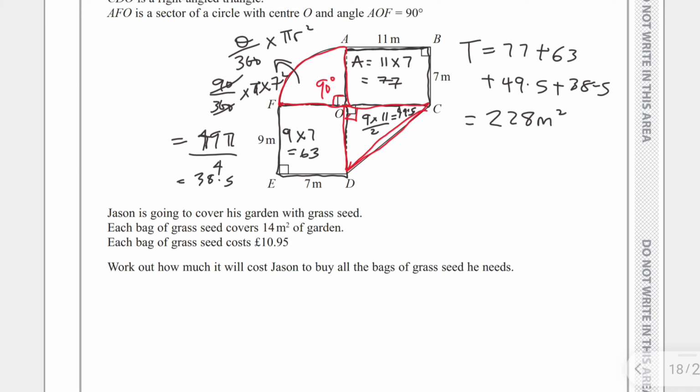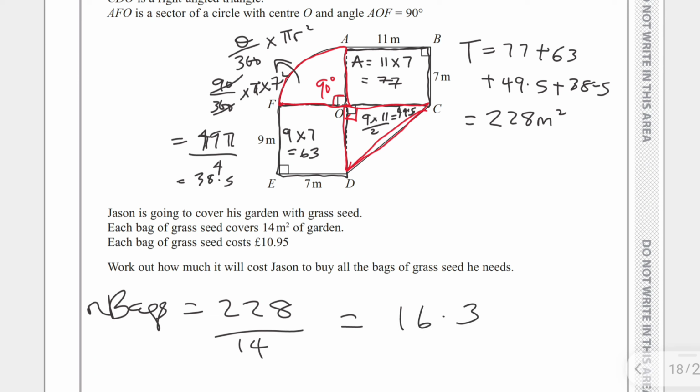So each bag of grass seed covers 14 meters squared. So the total number of bags needed is going to be 228 divided by 14. That is equal to 16.3, but obviously we can't buy 16.3, so we have to round it up and buy 17 bags.